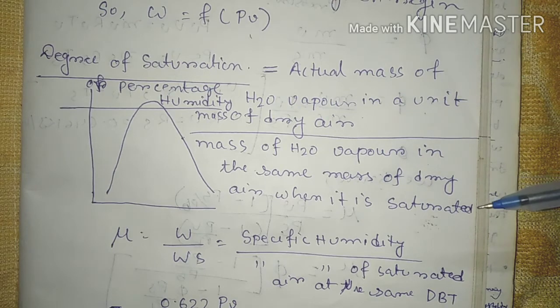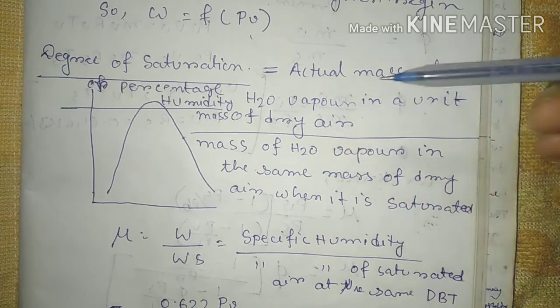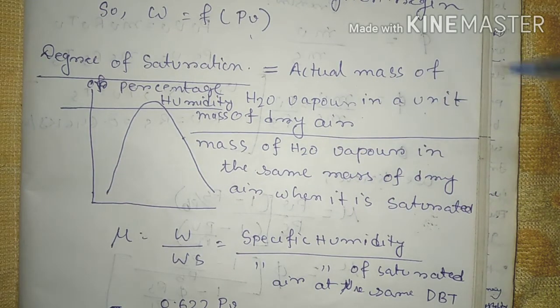We know that air can be saturated or unsaturated. Saturated air is when the air has absorbed the maximum amount of water vapor that it can, so it reaches the saturated state.